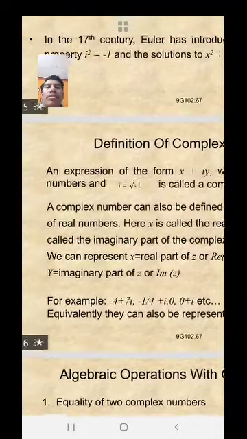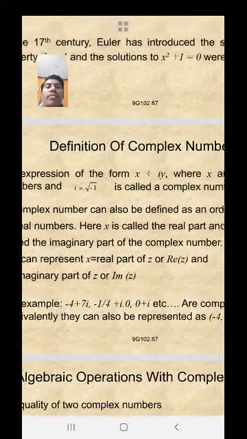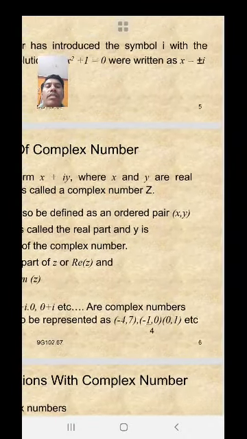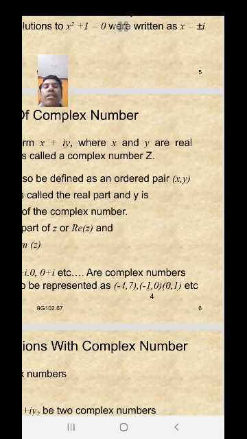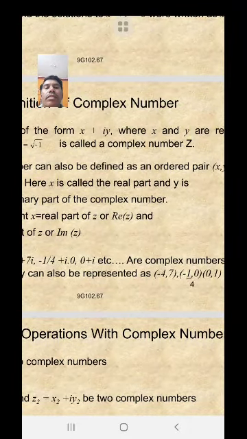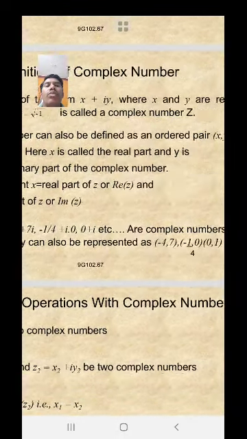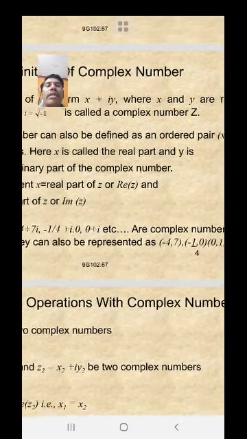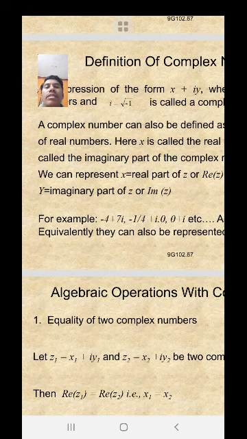Definition of complex number. An expression of the form x plus iy, where x and y are real numbers and i equals under root of minus 1, is called a complex number z. A complex number can also be defined as an ordered pair x comma y of real numbers.